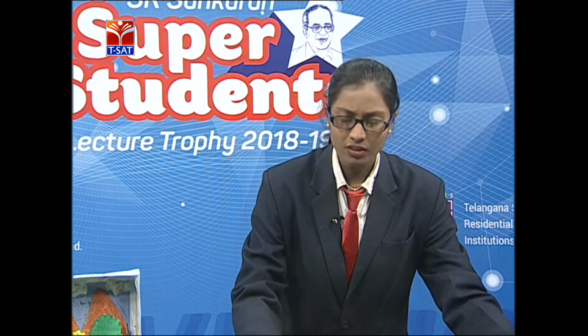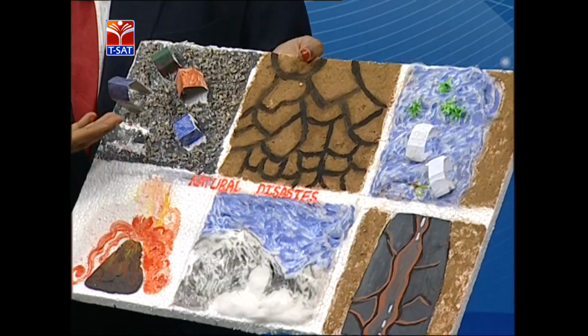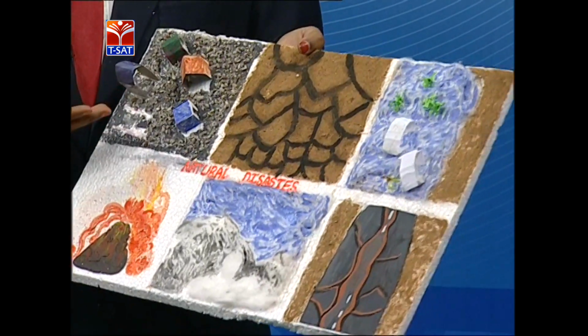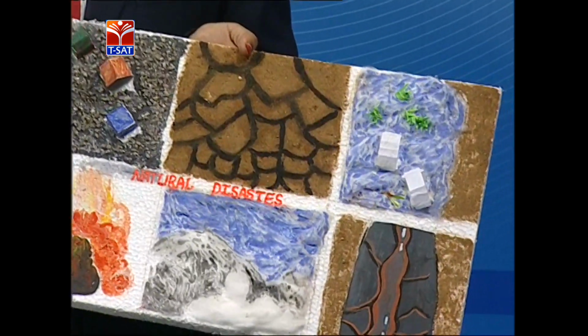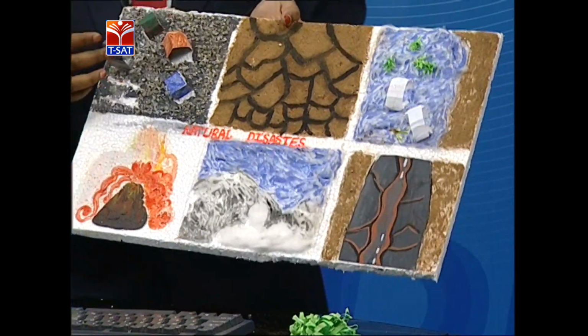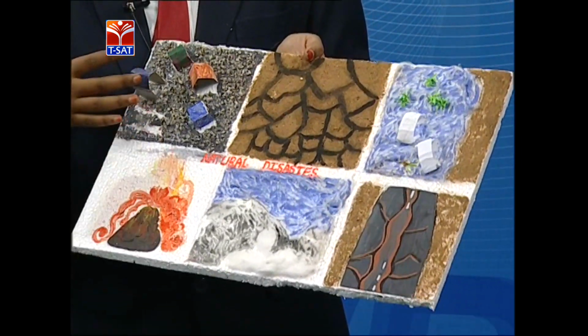Especially, I am going to show the project which I have done. Here all the houses were lost and there were no doors in them, and there were completely destroyed and damaged houses here.